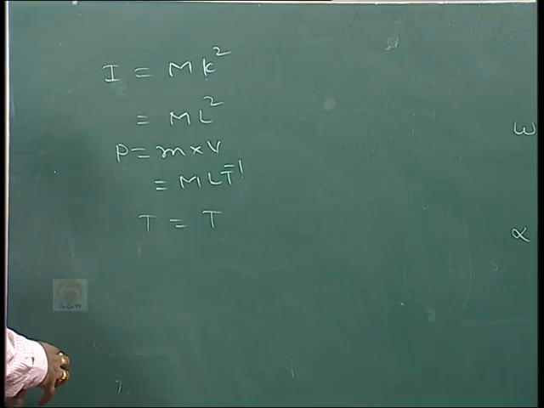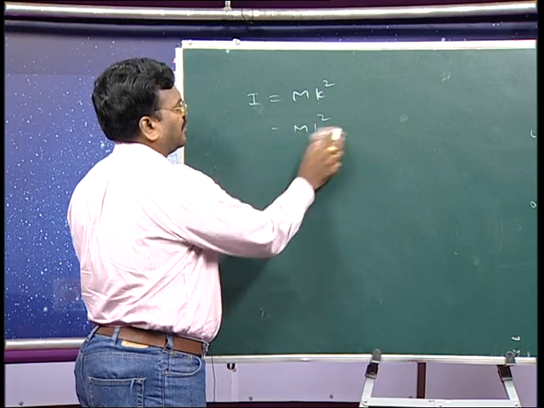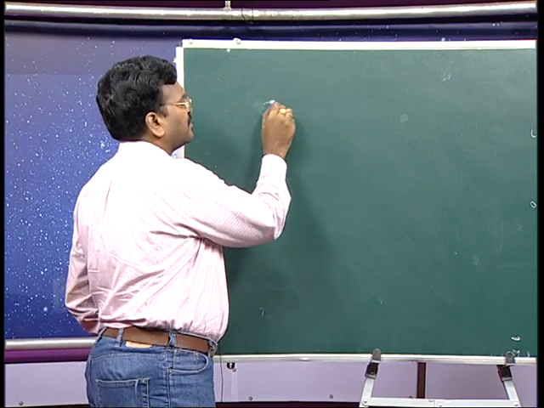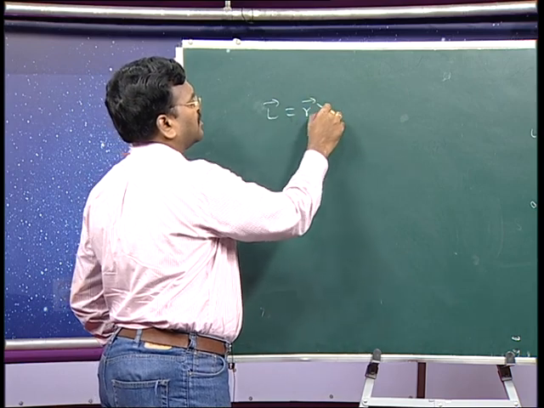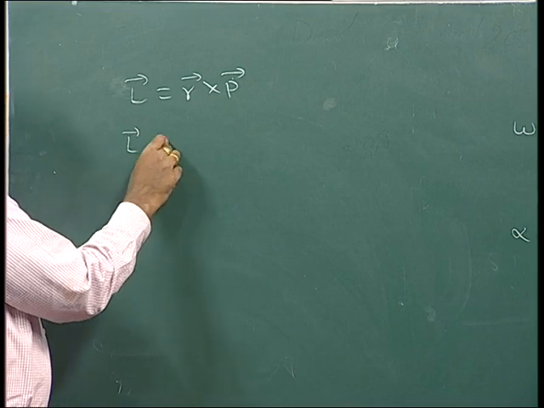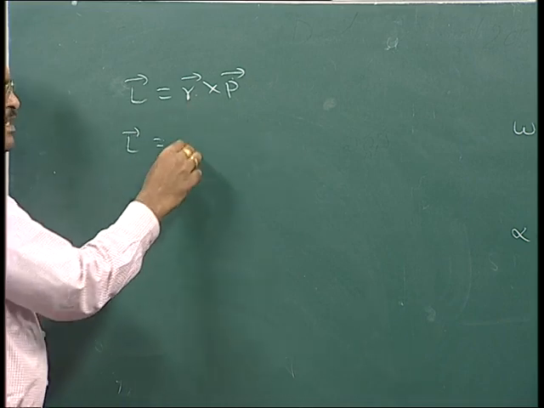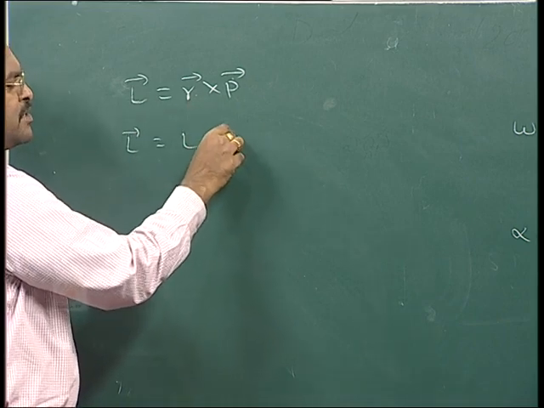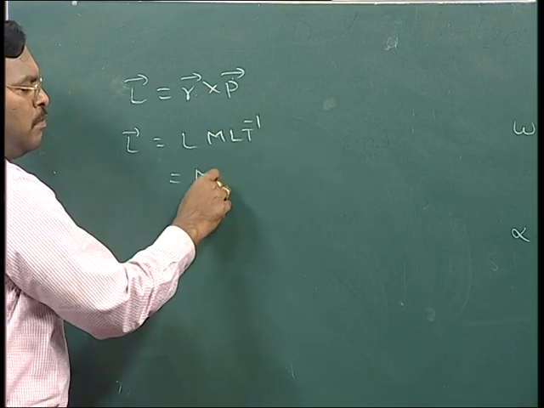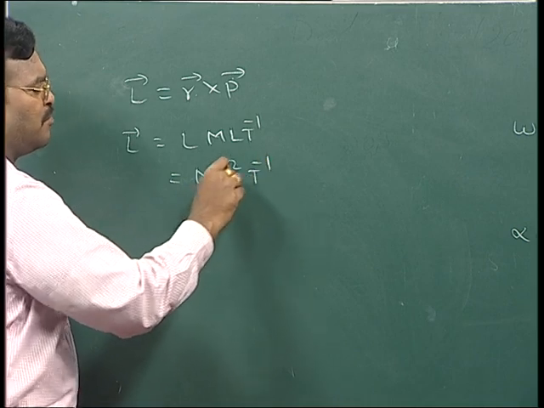And next one, we have angular momentum. Angular momentum is what? L bar is equal to r bar cross p bar. What is r bar? Distance. Momentum is mass into velocity. Velocity means L T power minus 1. We are getting M L square T power minus 1.